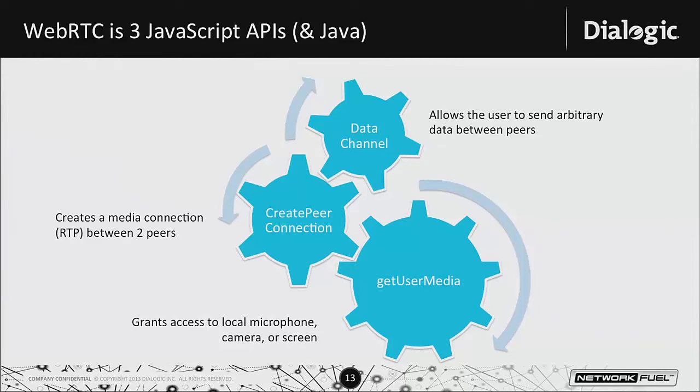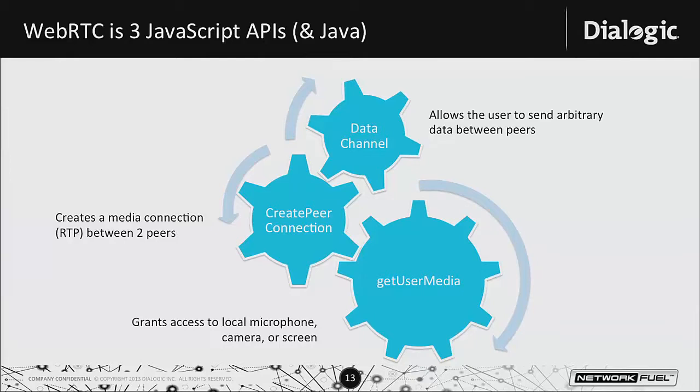The second one is createPeerConnection, and this is what allows you to send that media from one point to another point. The third API is the data channel API. This allows you to send arbitrary data between peers.